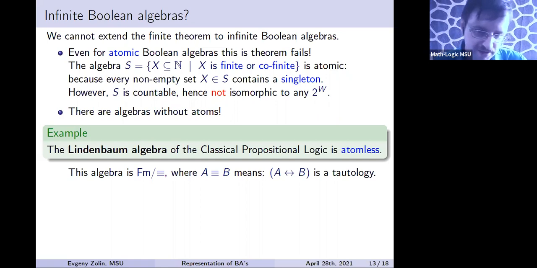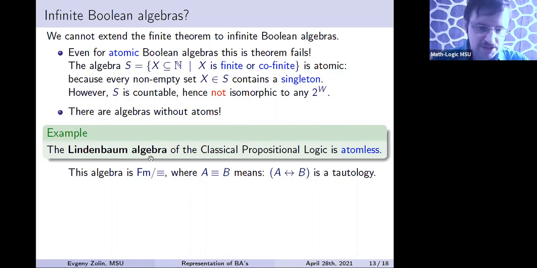Because there is a theorem in the theory of Boolean algebras that all countable atomless Boolean algebras are isomorphic. So, in fact, there is only one Boolean algebra without atoms that has countably many elements. And this is the main representative of this class of algebras.